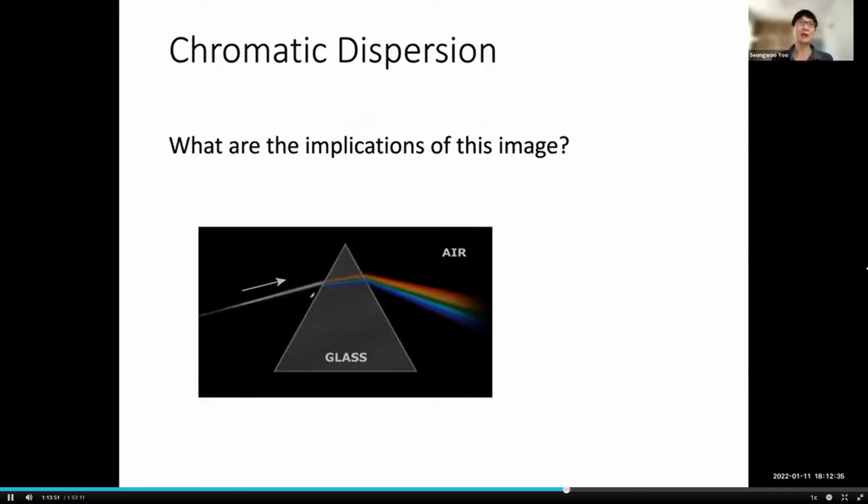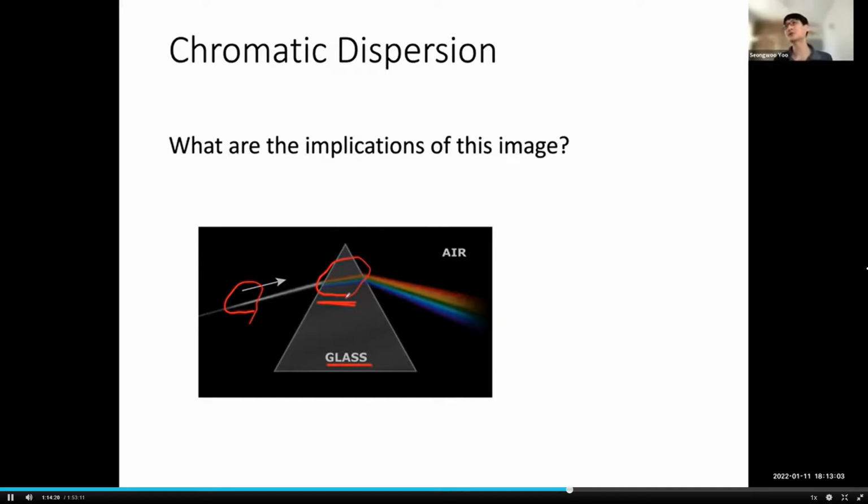In this diagram, white light enters a glass prism, and as soon as it enters, it splits into rainbow colors. From this observation, how can we explain the splitting of the light?